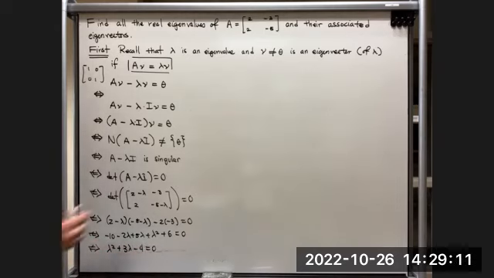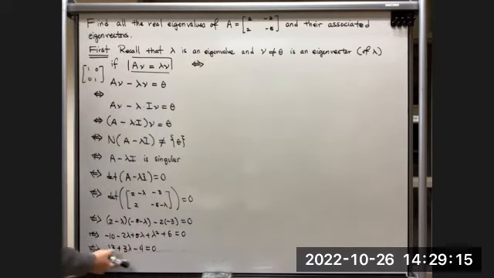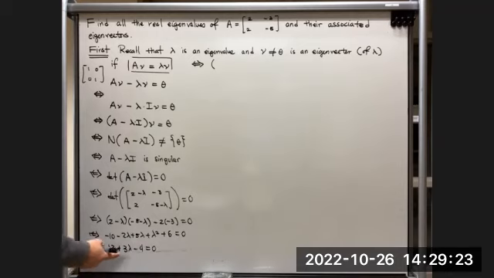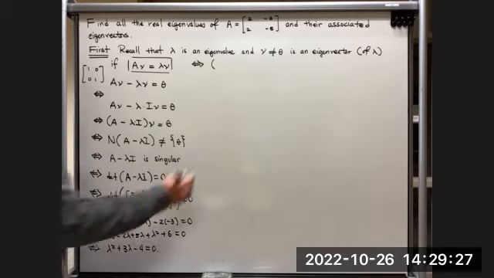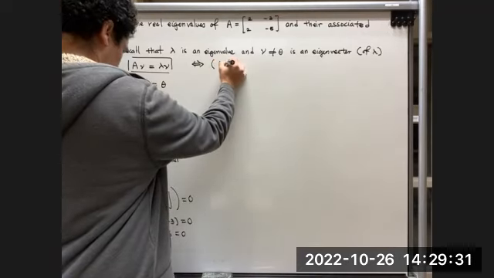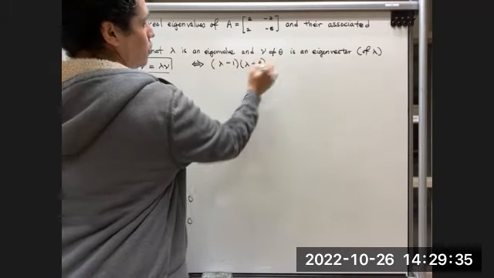So now, look at this. This is just a quadratic expression in lambda, so it may be prone to factorization. I'm looking for two numbers that when multiplied will give you -4, and when added will give you 3. Well, I think that's simple. So this is just (lambda minus 1) times (lambda plus 4).